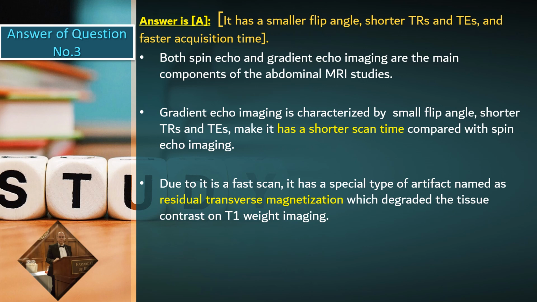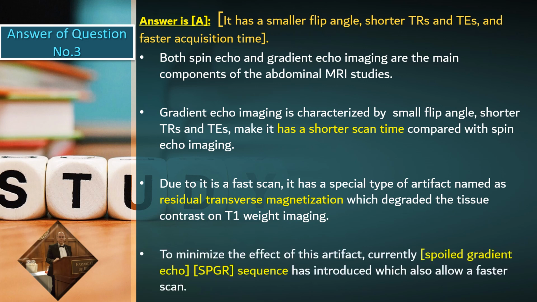To correct this artifact, a modified sequence called spoiled gradient echo has been introduced in current imaging studies. This new technique makes the gradient sequence a faster scan and at the same time reduces the effect of the residual transverse magnetization artifact.